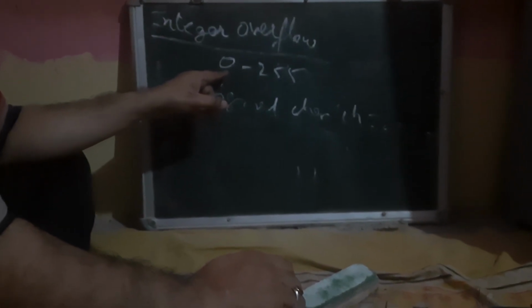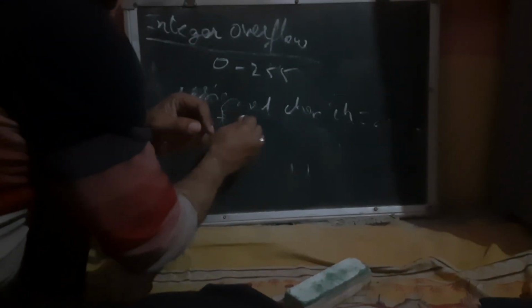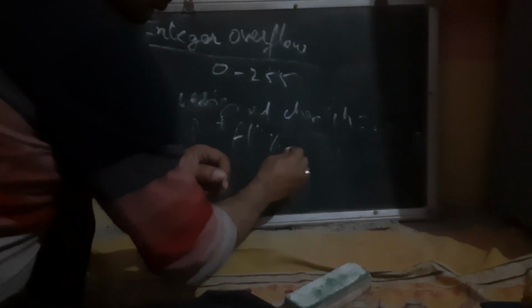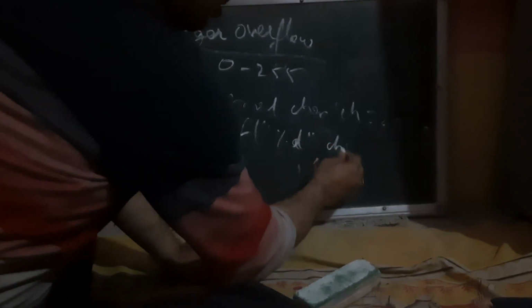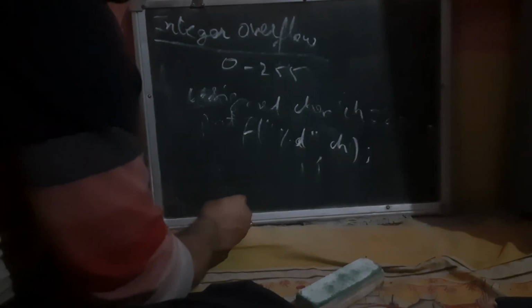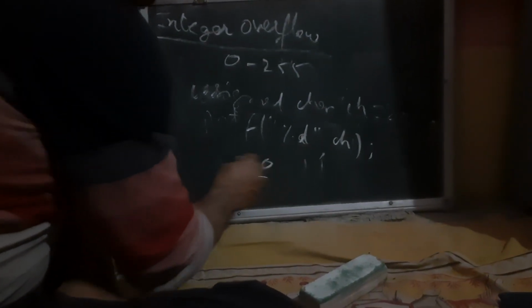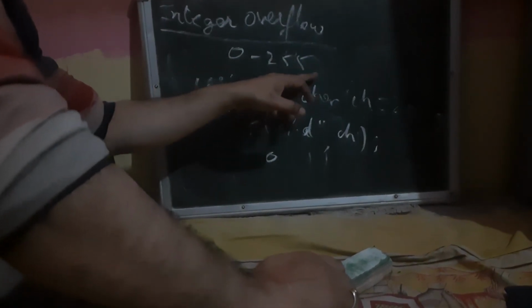So when you try to print ch through %d, means you want to print the ASCII value of this character, the value that will be printed out will not be 256, it will be 0, because 256 is outside this range.